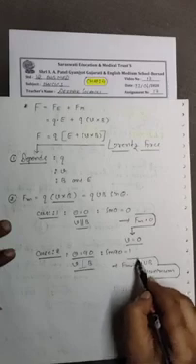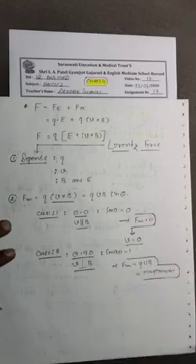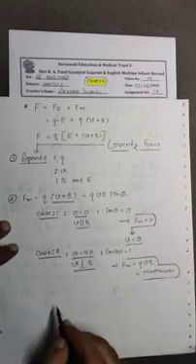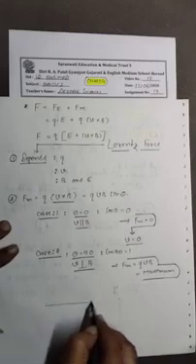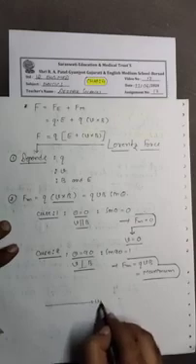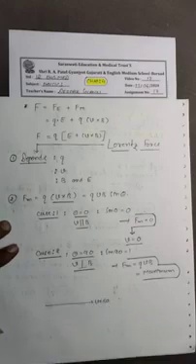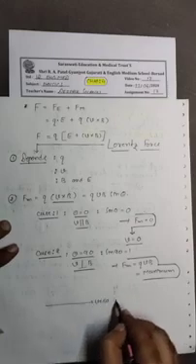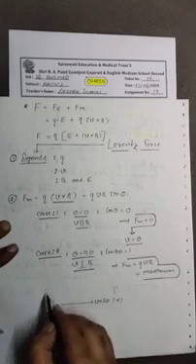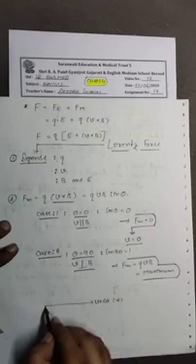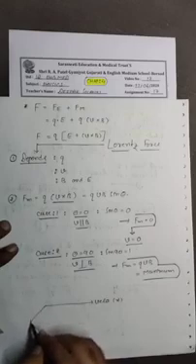Perpendicular to both, let us see how. Suppose the charge is moving in this direction, meaning the velocity of the charge is in the x direction. The magnetic field is, suppose, in the z direction.